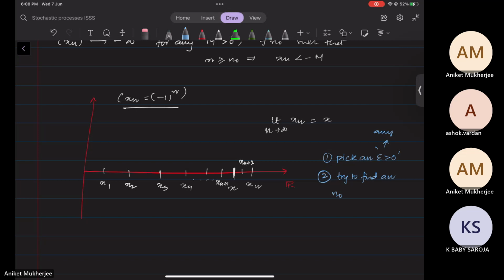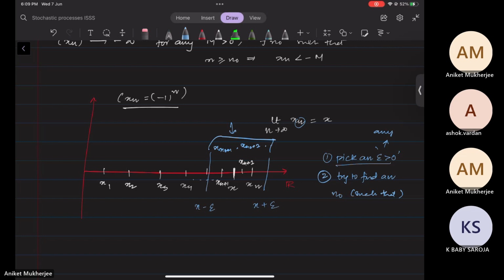So n naught here is the index such that, once I pick epsilon, this is x. So I have x minus epsilon, x plus epsilon. Try to find an n naught such that all the numbers, x n naught plus 1, x n naught plus 2, and so on till infinity, lie in this region. If that lies in this region, then you have done one part of it.